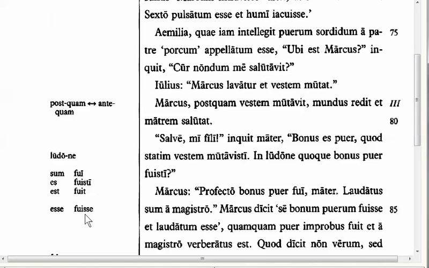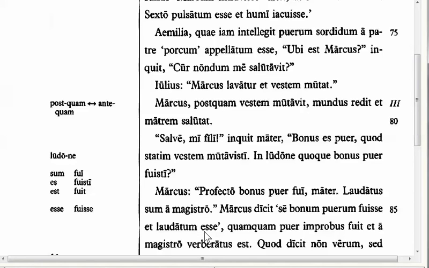The next feature that I want to point out is also here in the same section where Marcus says se bonum puerum fuisse et laudatum esse. Marcus says that he was a good boy and was praised.